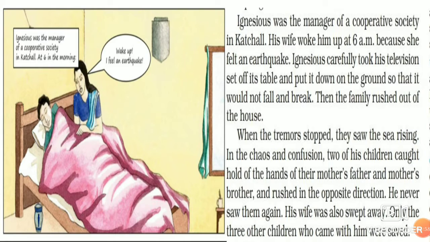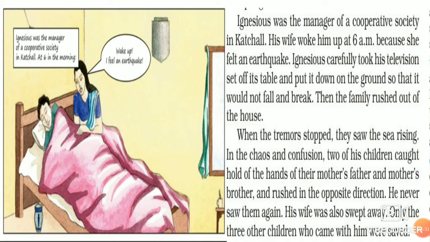Ignatius was the manager of a cooperative society in Kachal. His wife woke him up at 6 a.m. because she felt an earthquake. Ignatius carefully took his television set off its table and put it down on the ground so that it would not fall and break. Then the family rushed out of the house. He was working as a manager in the cooperative society.